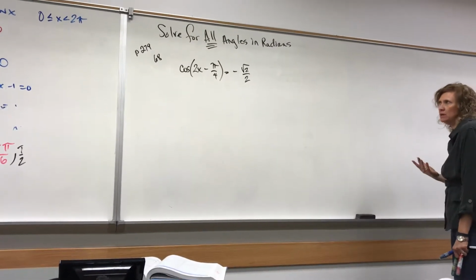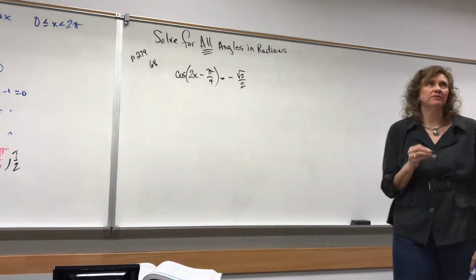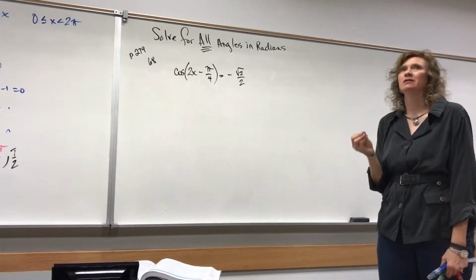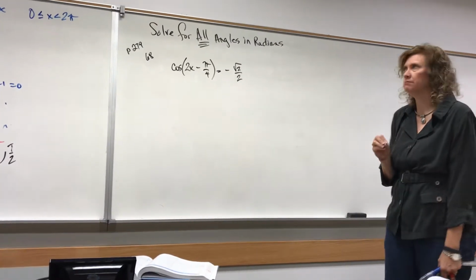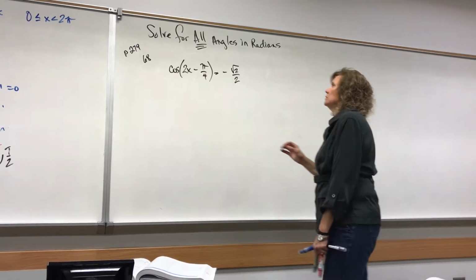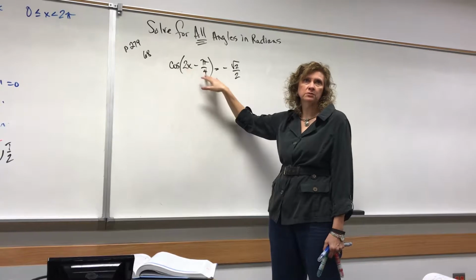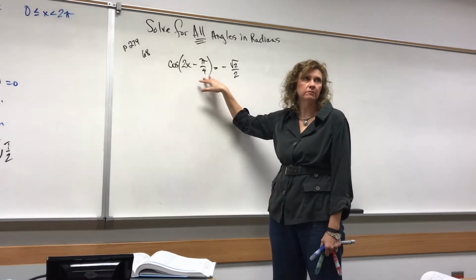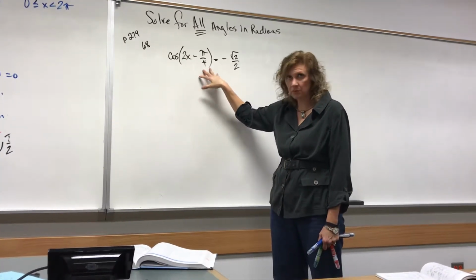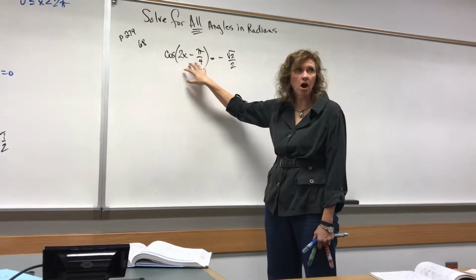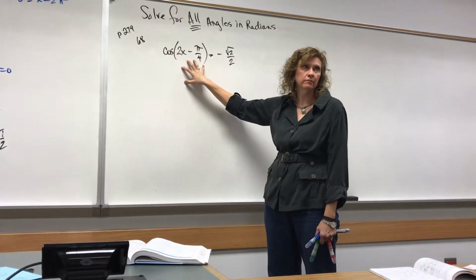Okay, we want to make life easy on ourselves, not more complicated. You just had a test on the cosine of alpha minus beta. There's a formula for it. That formula makes this side a lot more complicated, doesn't it?